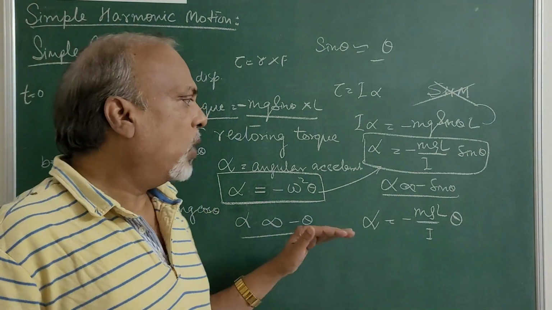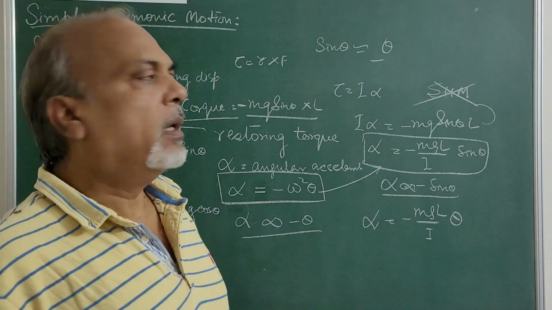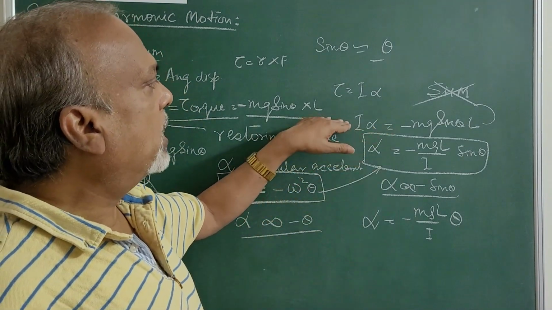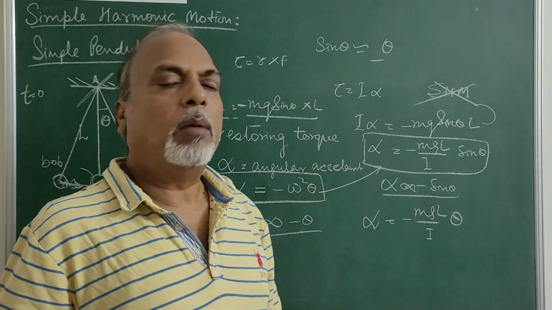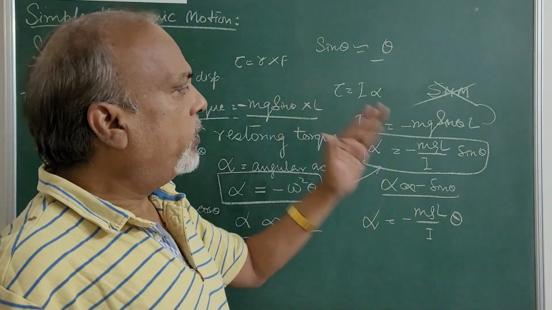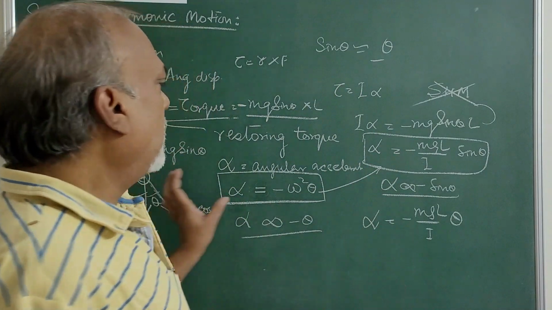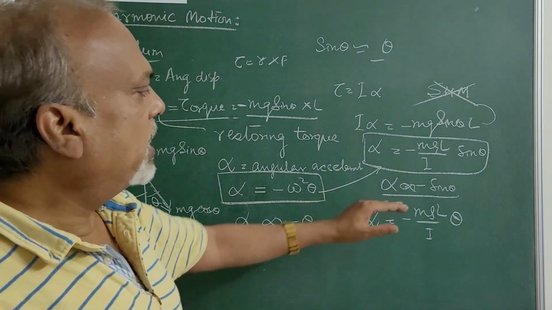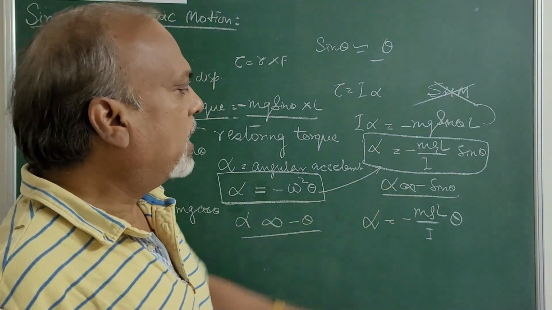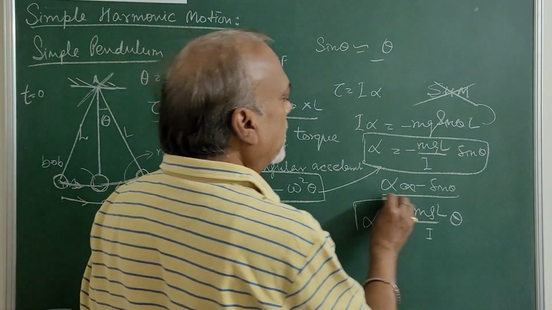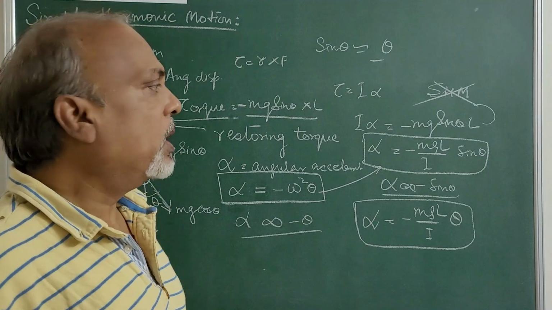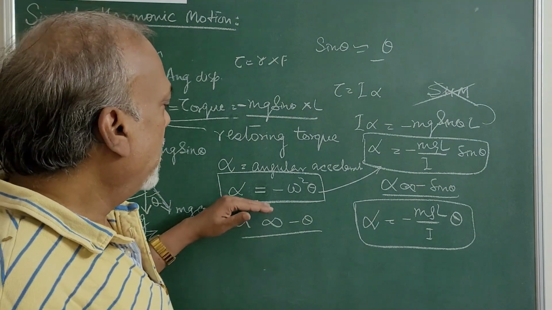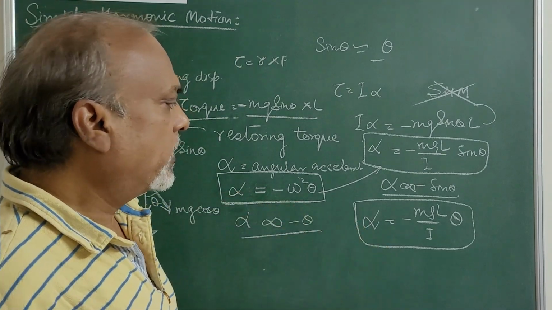I hope you are clear on this point. If you write this equation, then this is not a simple harmonic motion. But if you make some assumption for small angular displacements, then you can arrive at this equation, and this is basically nothing but your simple harmonic motion, because it is equivalent to this.